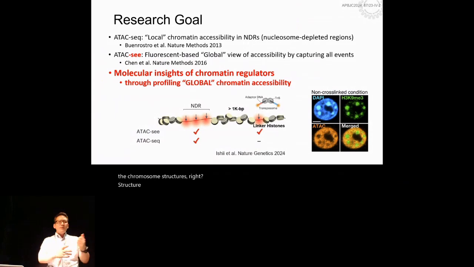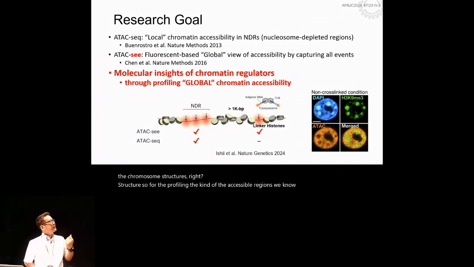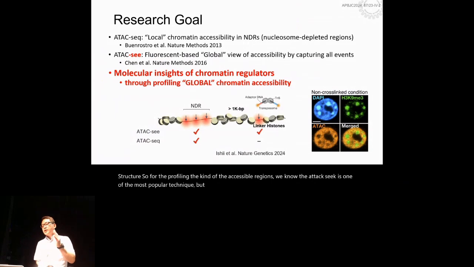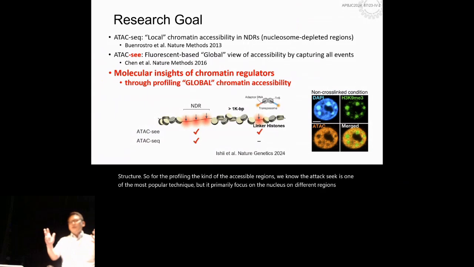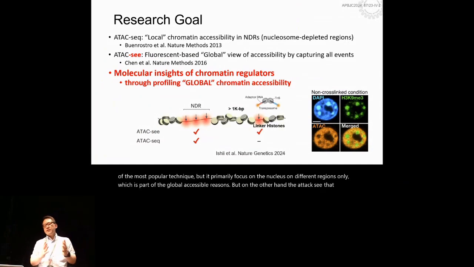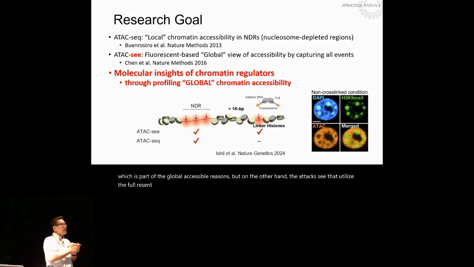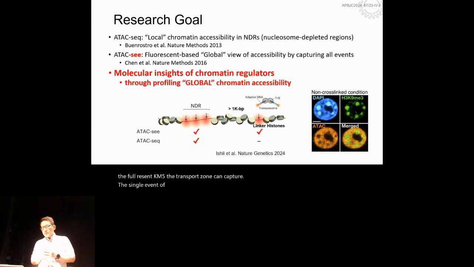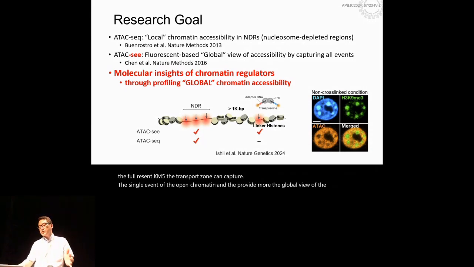For profiling the accessible regions, we know ATAC-seq is one of the most popular techniques, but it primarily focuses on the nucleosome-depleted regions only, which is part of the global accessible regions. On the other hand, ATAC-see, which utilizes the fluorescent Tn5 transposon, can capture the single event of the open chromatin and provide more of a global view of the global chromatin accessibility changes.